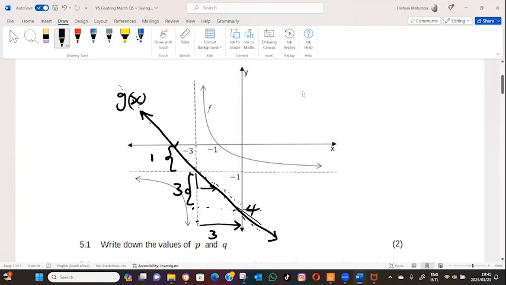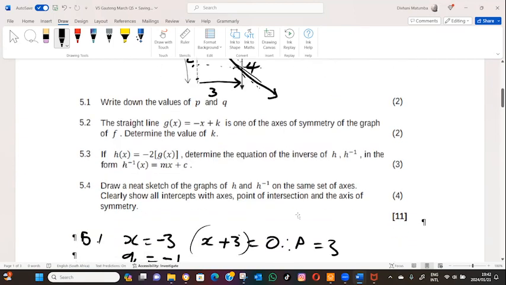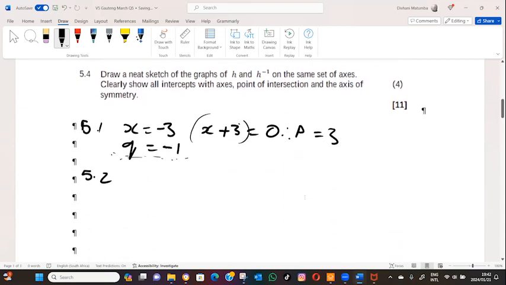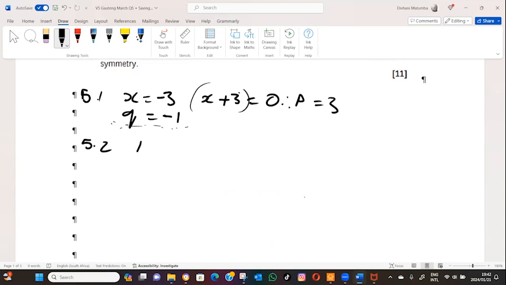So g of x equals minus x minus 4. So the value of k is minus 4.